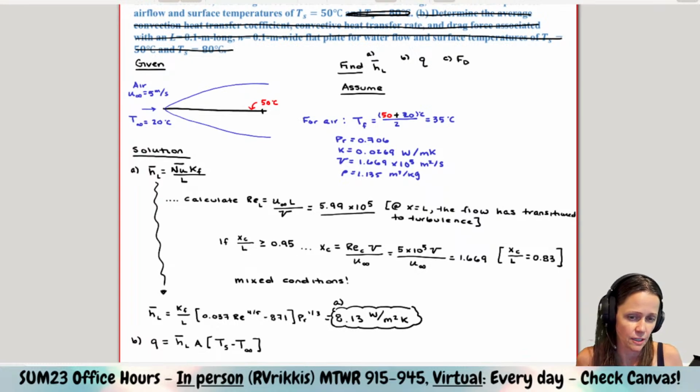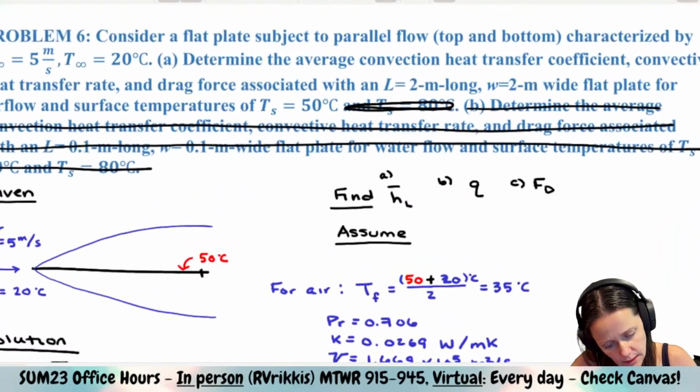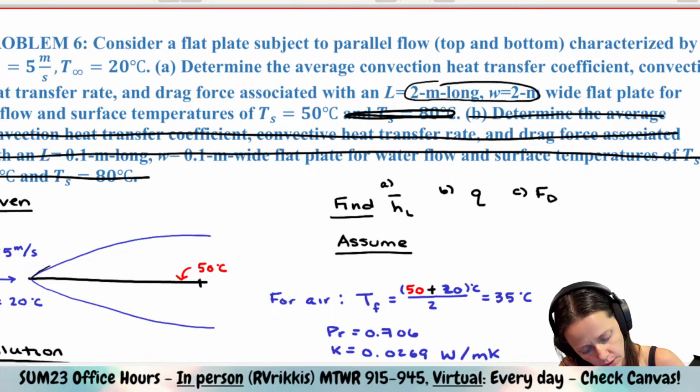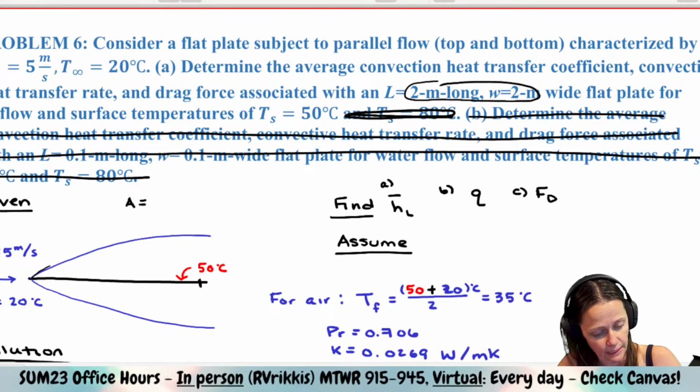But I do need to be careful because the area that I'm looking at is going to be over the entire thing, right? So it's 2 meters by 2 meters, so my surface area is going to be on the top and the bottom. So 2 meters by 2 meters plus the other one.